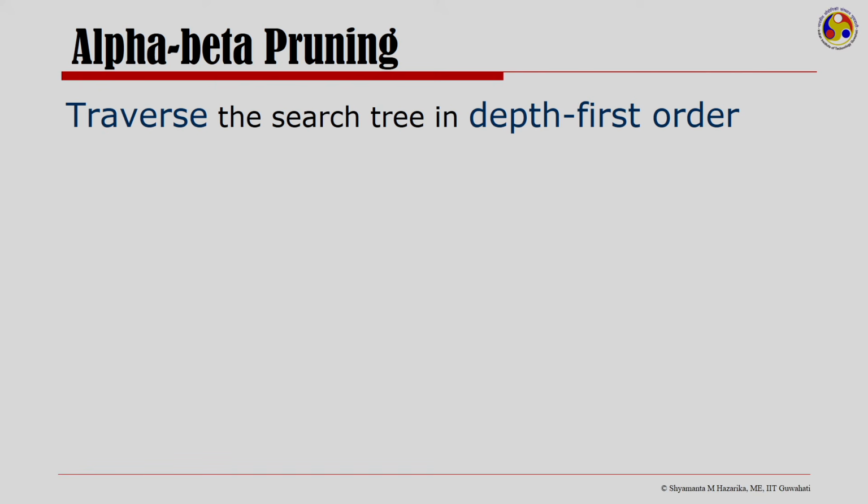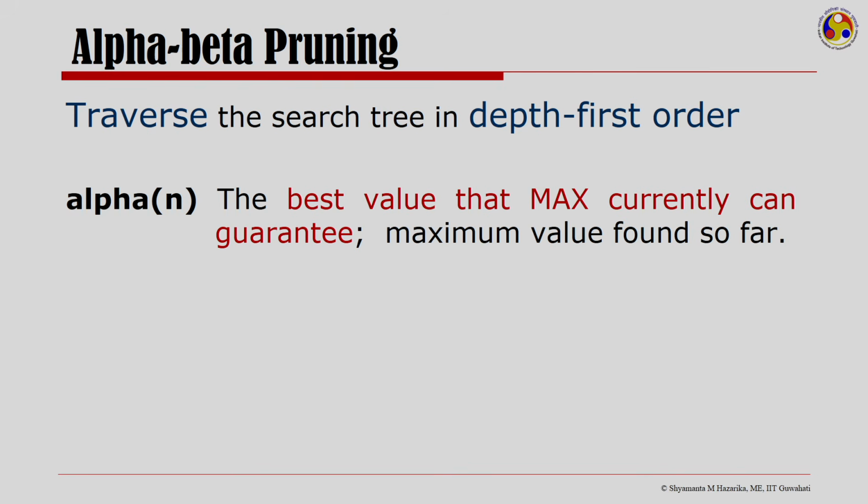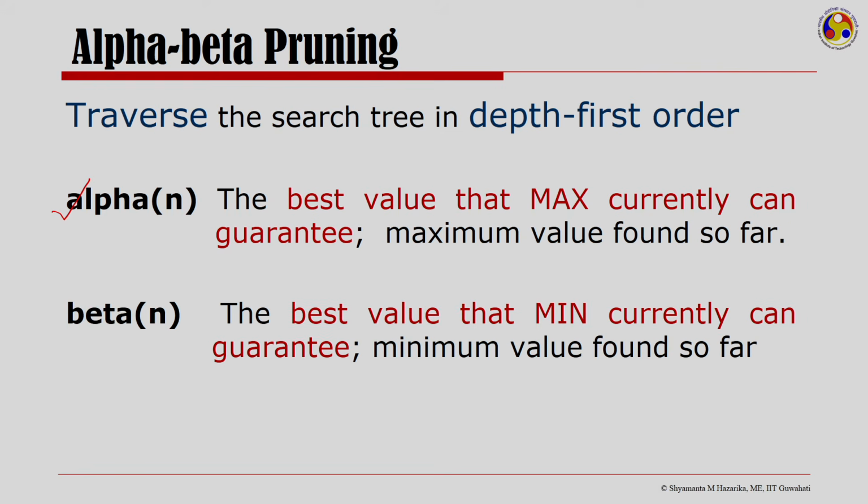Now the alpha of a particular node n is the best value that max currently can guarantee. So this is the maximum value found so far, whereas beta of n is the best value that min currently can guarantee. So it's the minimum value found so far.